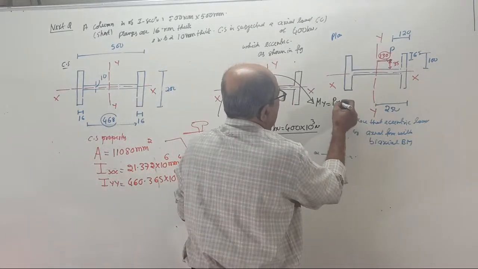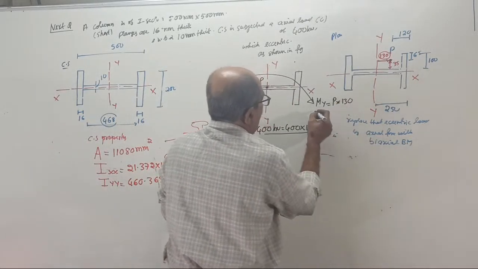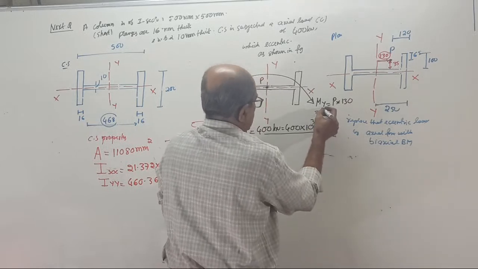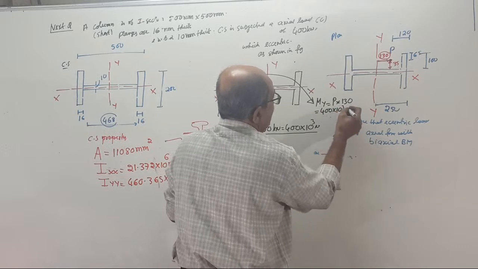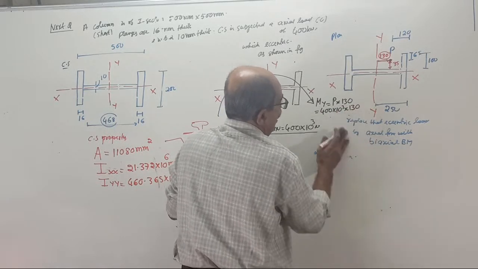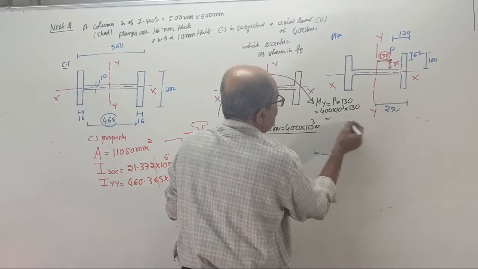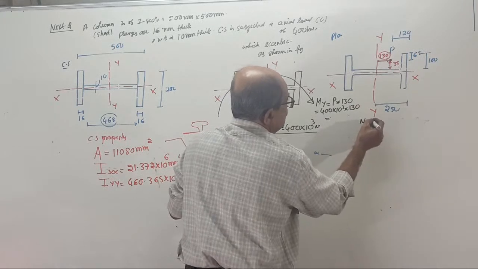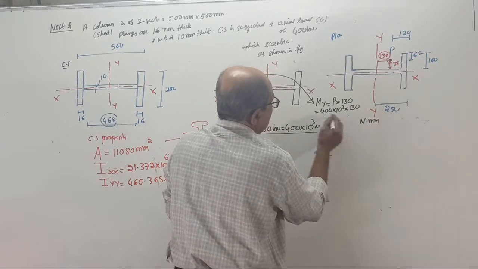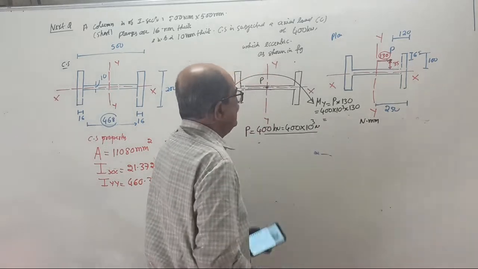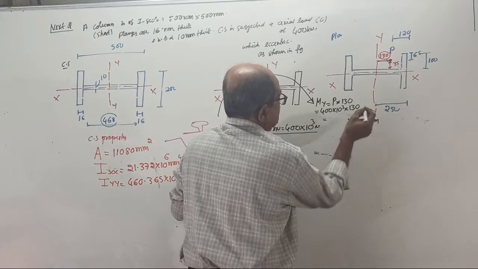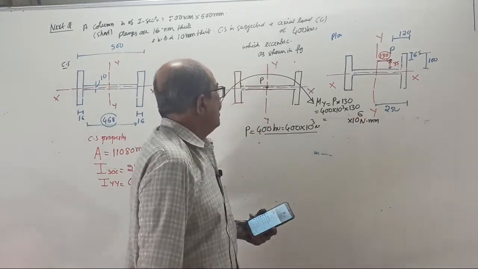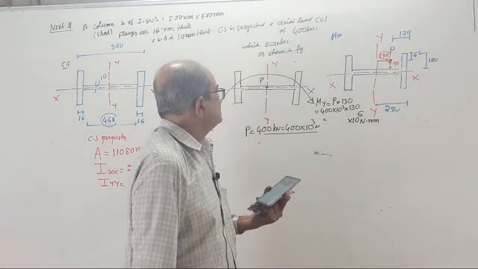P is 400 into 10 to the power 3 Newton into 130. Tell the answer in Newton millimeter, in 10 to the power 6.